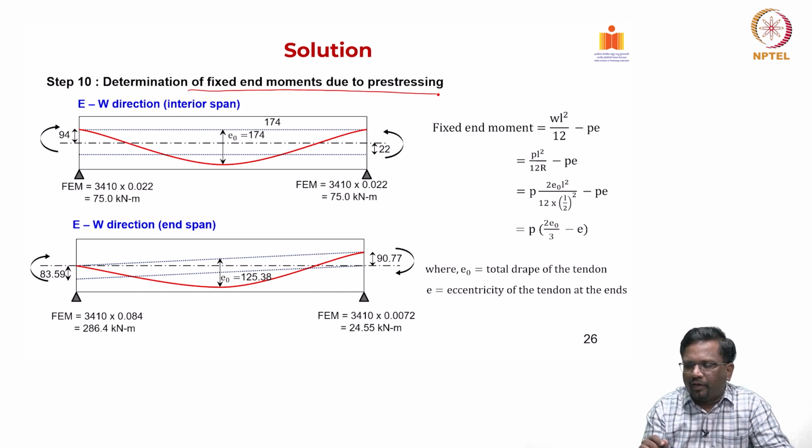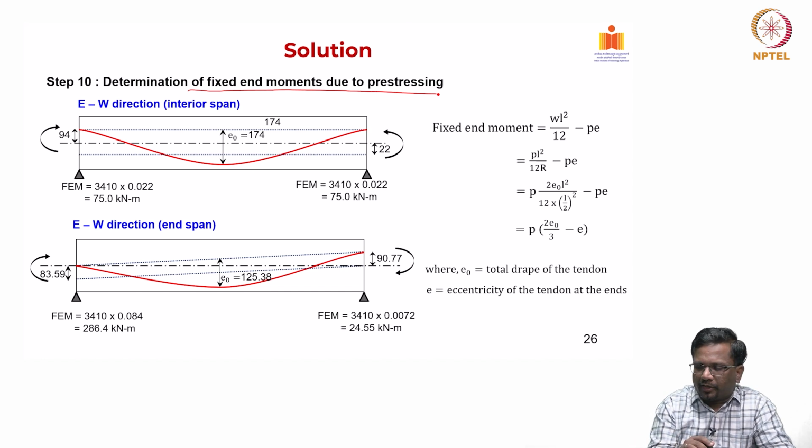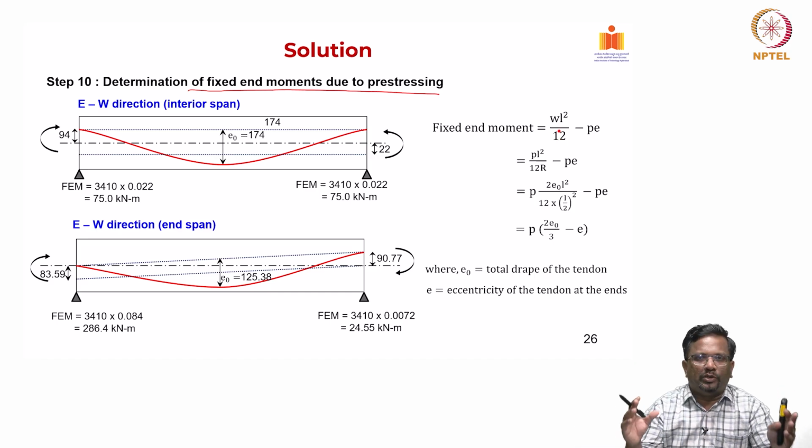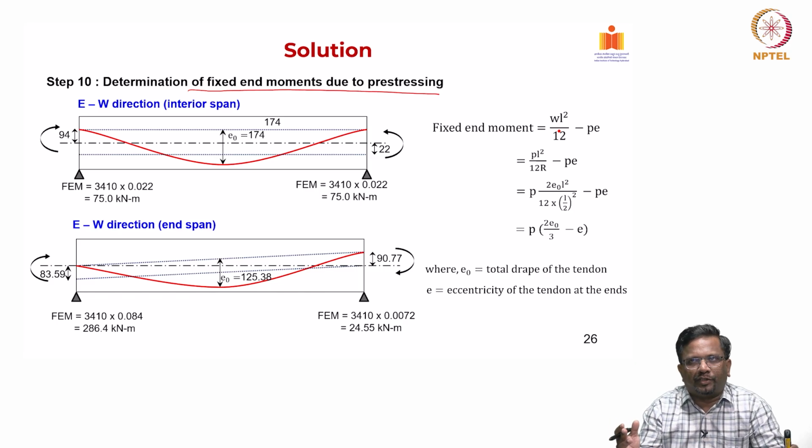Basically, we are locking the joint. So, what is the concept of fixed end moment? The joint wants to rotate to a certain level, but we are preventing that rotation. That is why you get this fixed end moment.